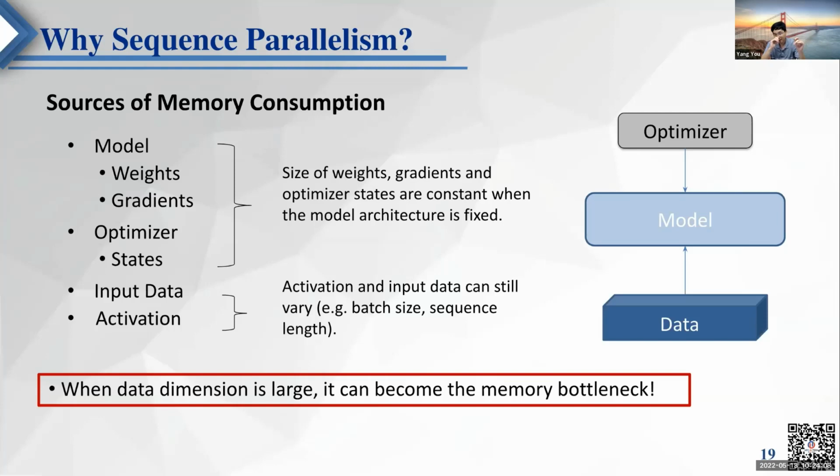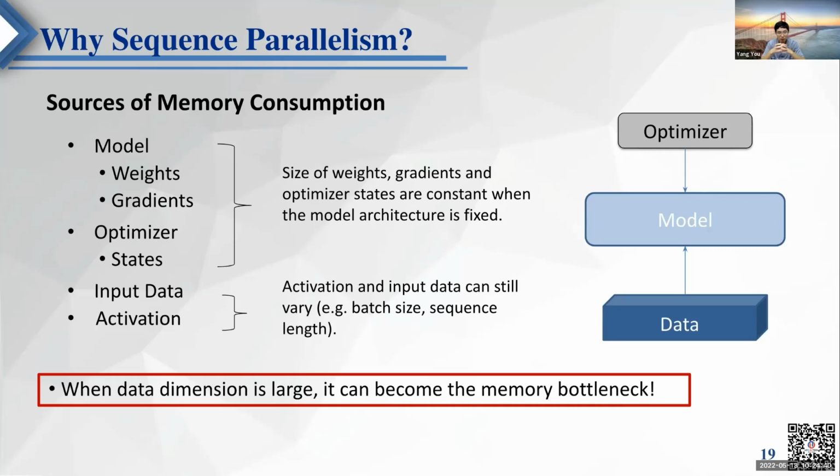So the number of patches is actually the sequence length. If you can imagine, in the future, you have some huge, very large images. Those images are so large that you need to partition them into many patches. So the sequence will be very long. And also other applications like protein folding or DNA, where the sequence is also very long.